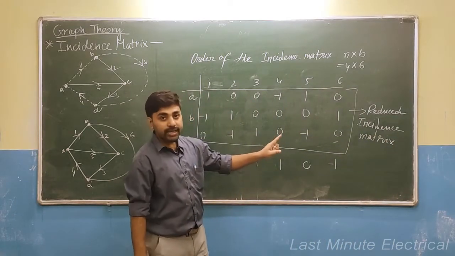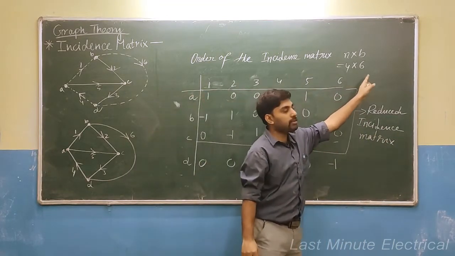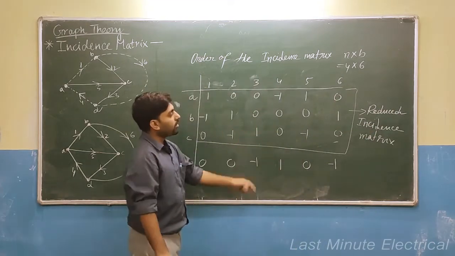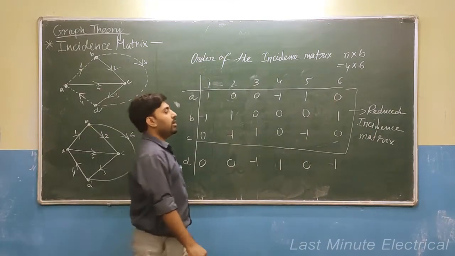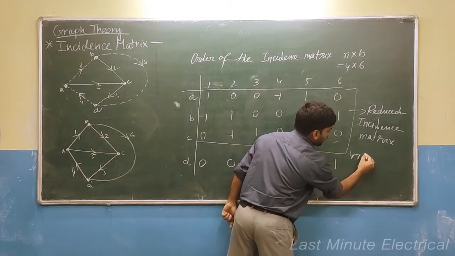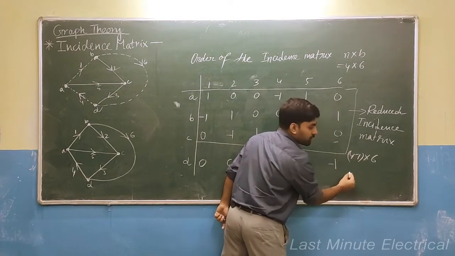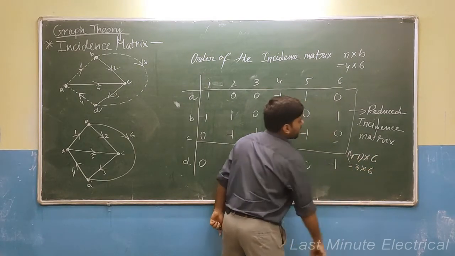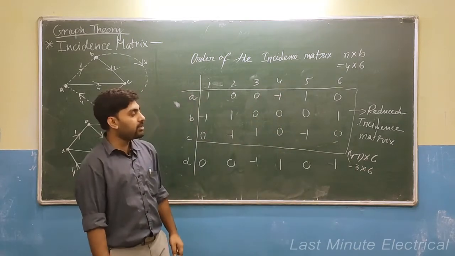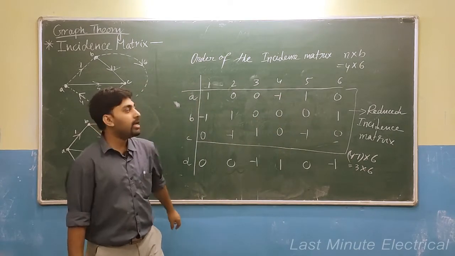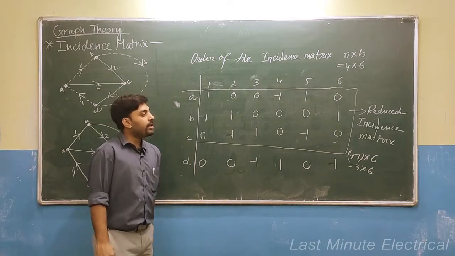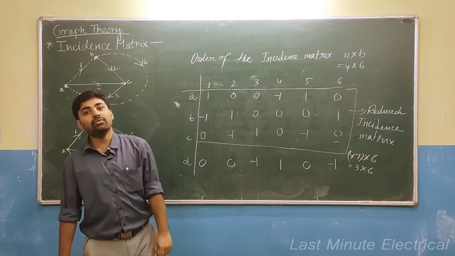The order of the incidence matrix is 4 cross 6. Now what will be the order of the reduced incidence matrix? Obviously 4 minus 1 cross 6, so 3 cross 6. The order of the incidence matrix is n cross b, and the order of the reduced incidence matrix will be n minus 1 cross b.